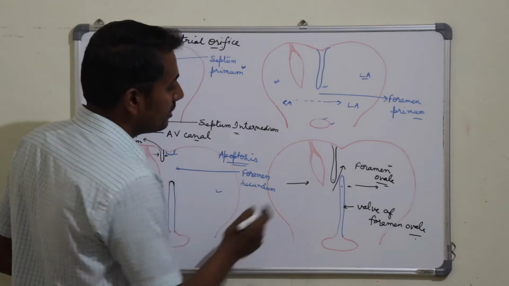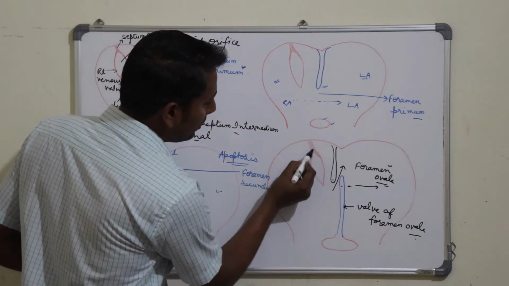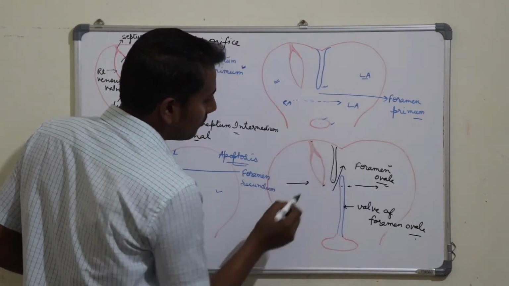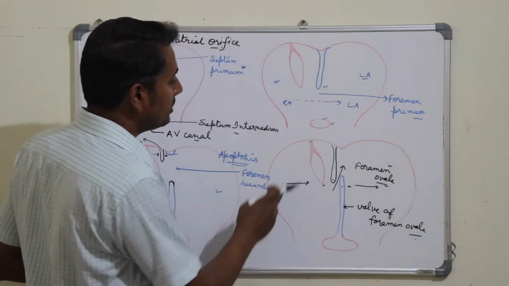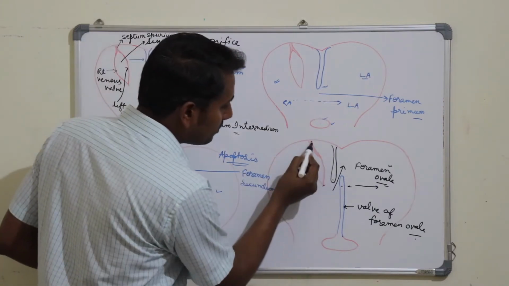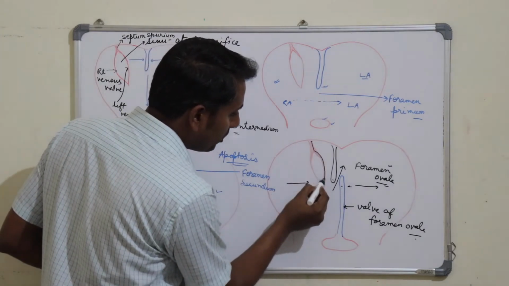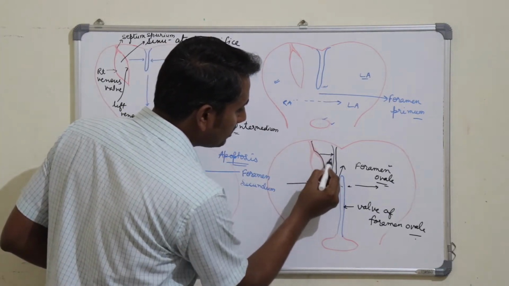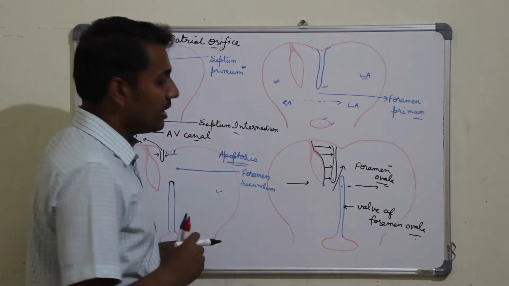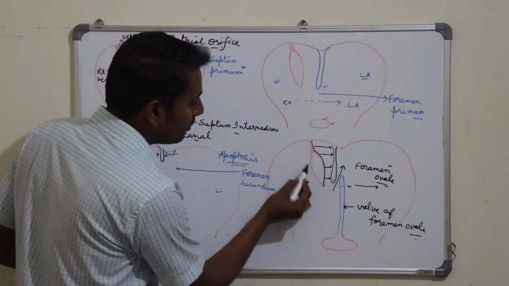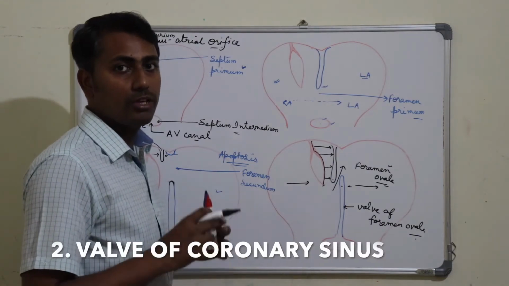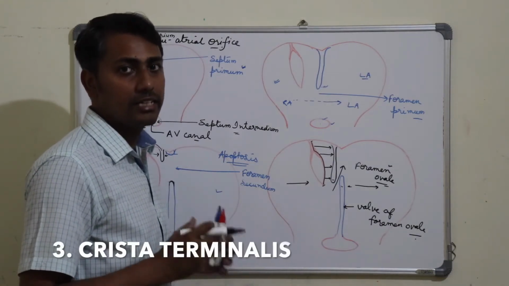This septum spurium and the left venous valve here to here, with development or absorption of the sinus venosus into the right atrium, this septum spurium and the left venous valve will get fused with this septum secundum, and the right venous valve will form the valve of the inferior vena cava, valve of the coronary sinus, and the crista terminalis.